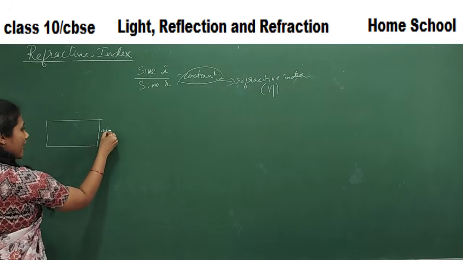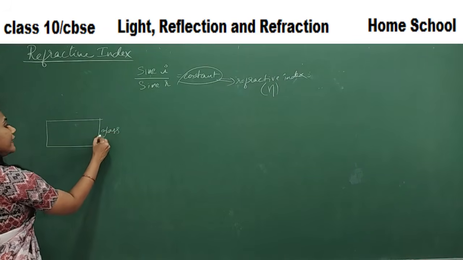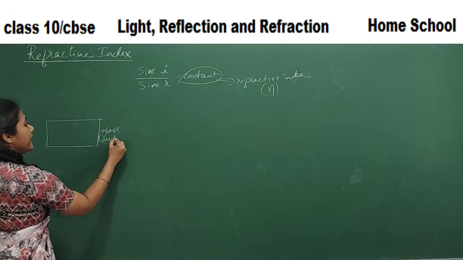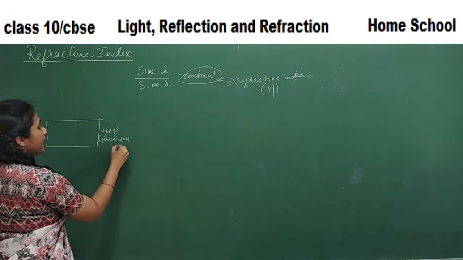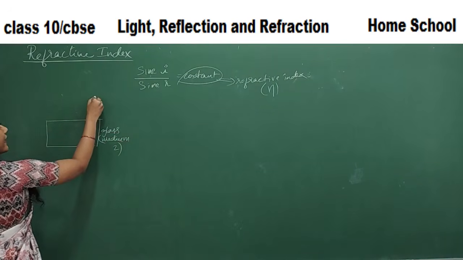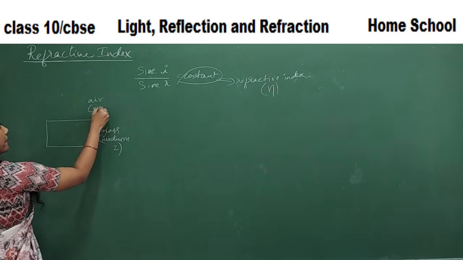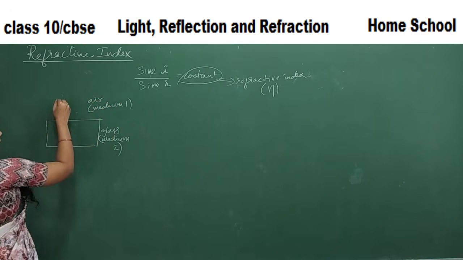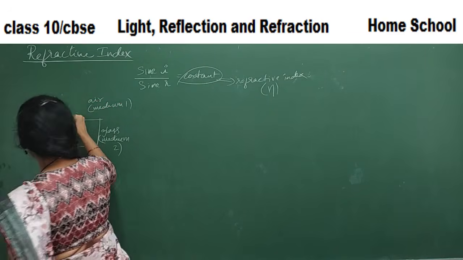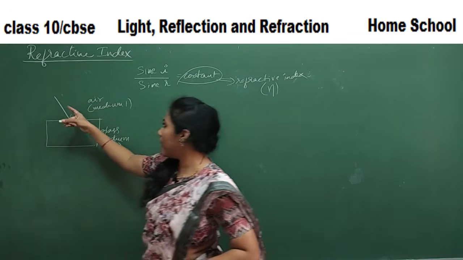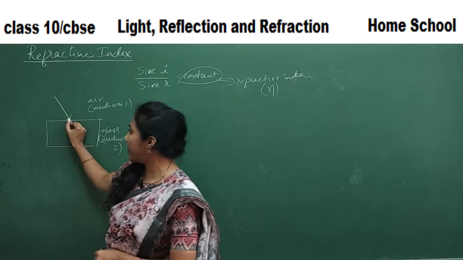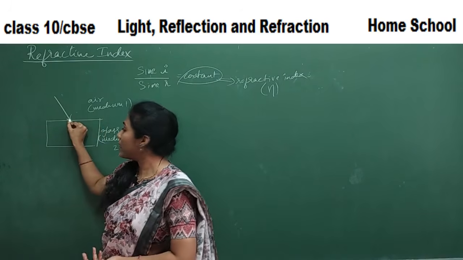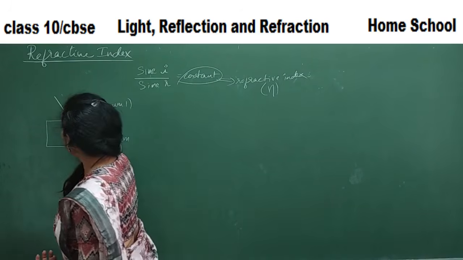This is our glass slab, and this I will call medium 2. And this is air, I call it medium 1. Clear? Fine. And now an incident ray is falling from air and it is striking exactly on the surface of the glass.